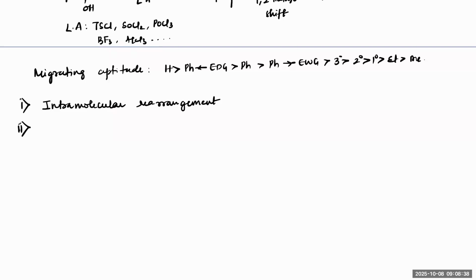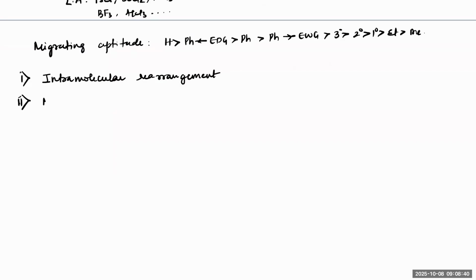Got it? So there is no crossover products observed in this case. Clear? And if the migrating group has chirality, the migrating group retains its chirality.